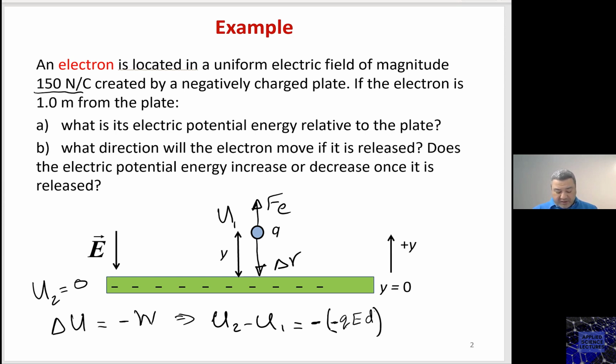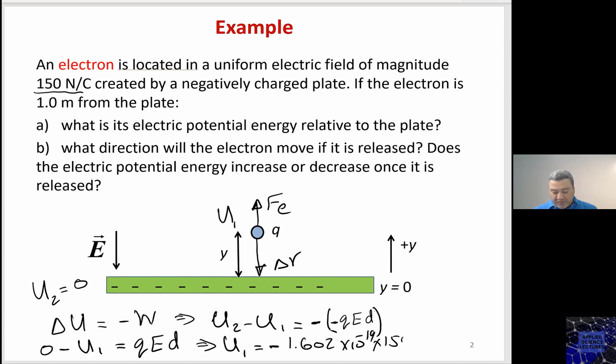Then U2 is 0, minus U1 equals W, which is Q E D. Delta R here is this distance D. In this case, U1 would be minus Q, as the magnitude 1.602 times 10 to the power minus 19, times 150 times 1.